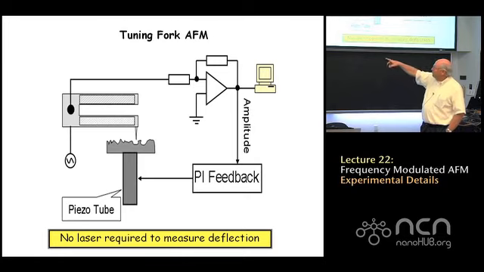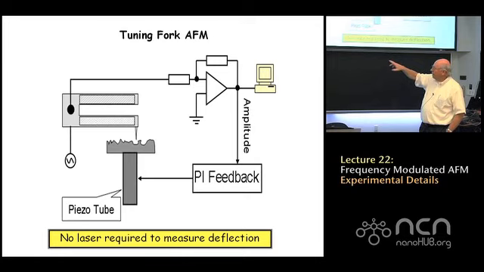The phase lock loop is basically part of this PI feedback loop mechanism, right? We've described our tuning fork. We've put a tip on the end of the tuning fork. We drive the electrodes of the tuning fork with an AC voltage source.